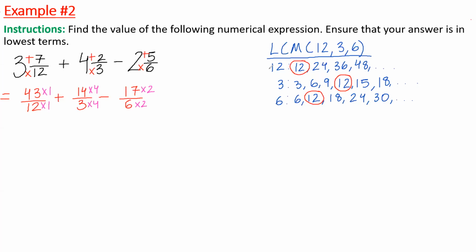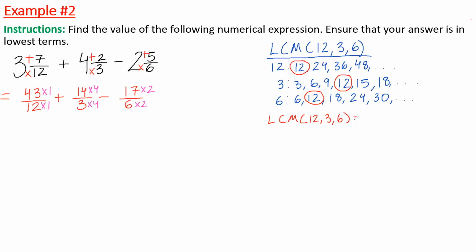Okay, good. So what have we done so far? We have taken each mixed number and expressed it as an improper fraction. Then we found the LCM. Oh, I didn't write it explicitly. The LCM of 12, 3, and 6 is going to be equal to 12.